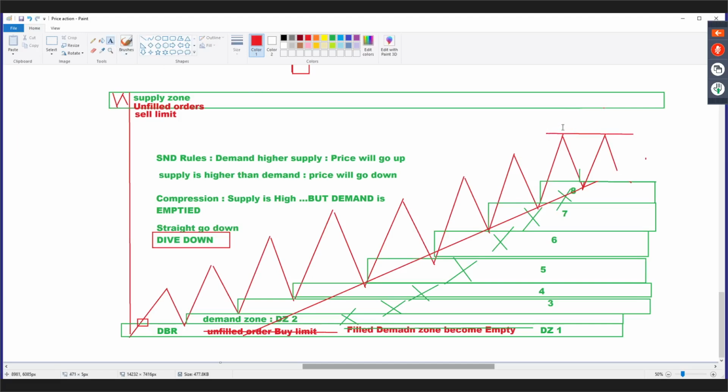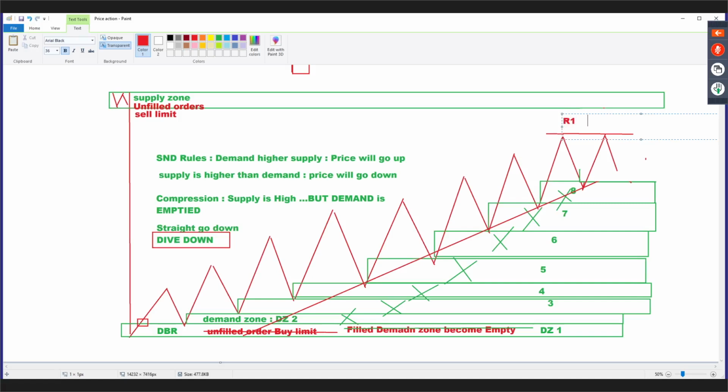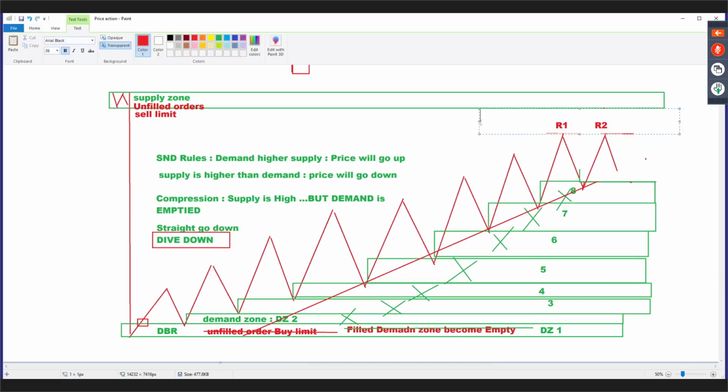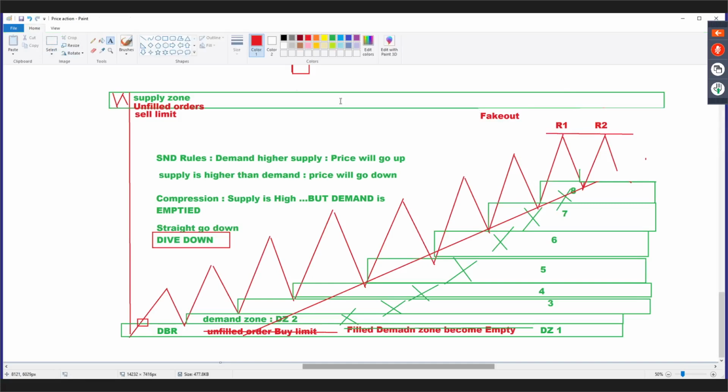We have R1 and we have R2. So this is a chance of a fake out setup. When people see R1 and R2, they will sell again over here, sell over here, sell over here, chase the market.